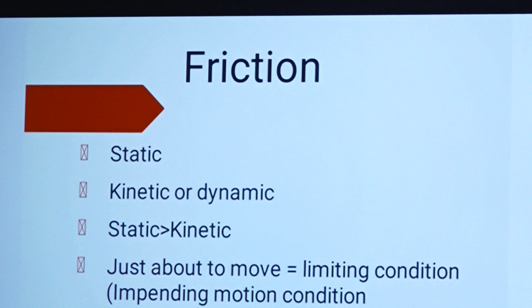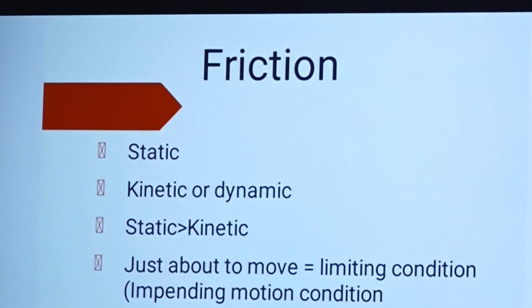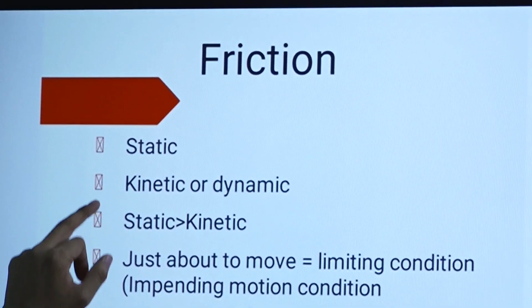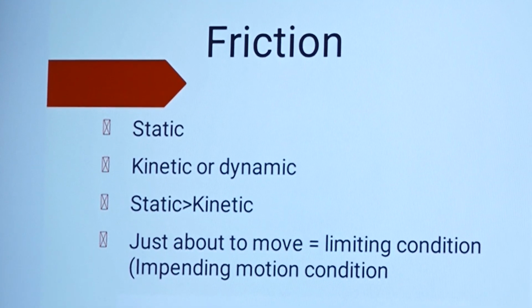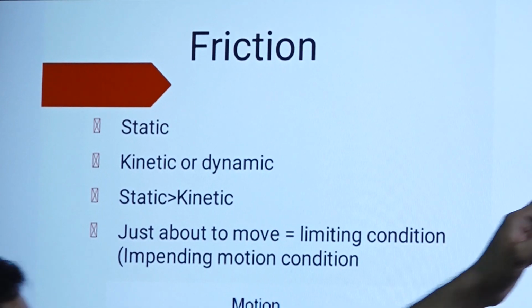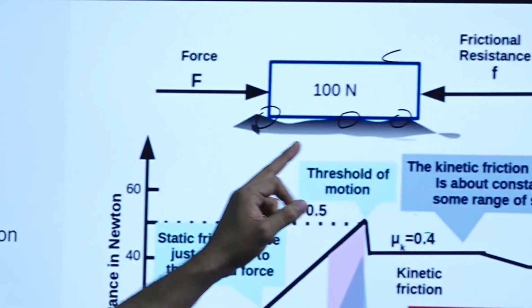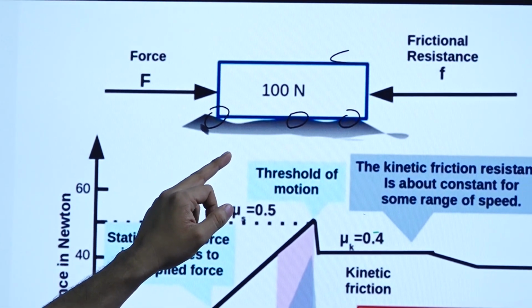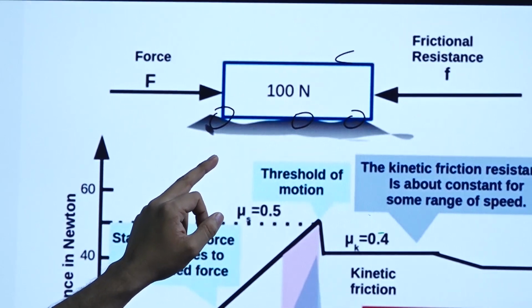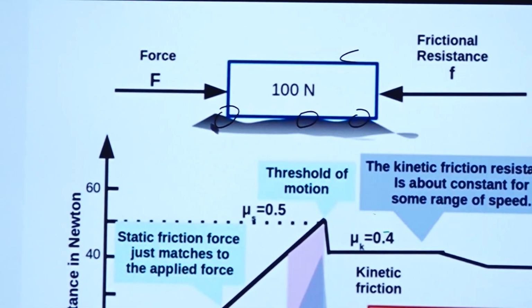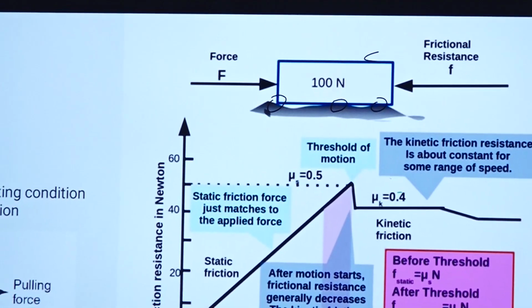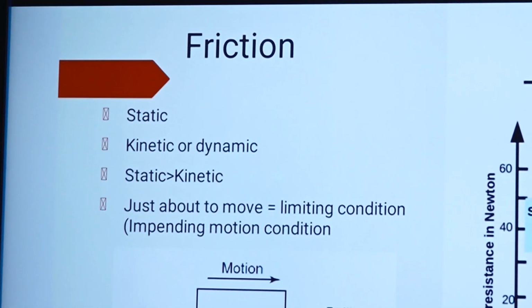So normally friction is of two types. One is static friction, the other one is kinetic or dynamic friction, okay? Static friction is the friction when the body is at rest. When the body is at rest, that time only you will experience static friction. If the body is moving, that time you will experience kinetic or dynamic friction.